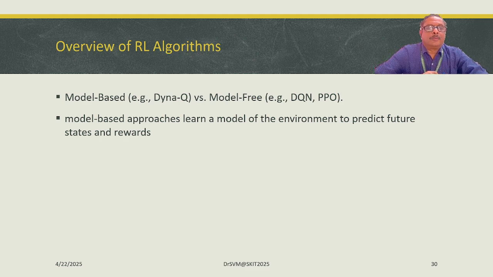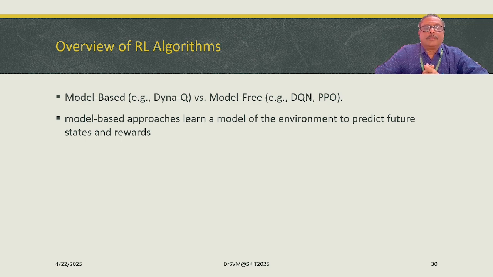In the model based approaches, we learn a model of the environment, and this mathematical model, which is the copy of the environment, is used to predict the future states and the corresponding rewards.